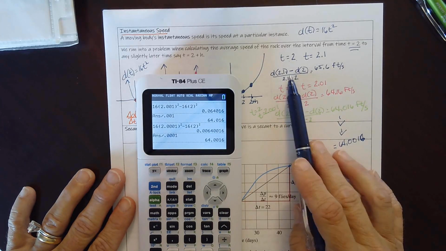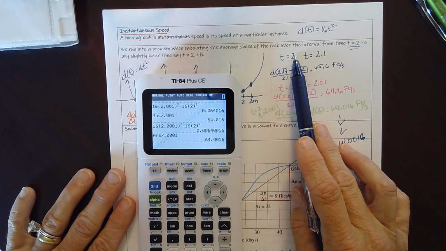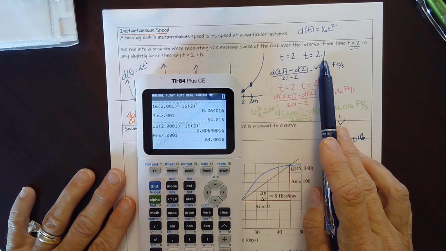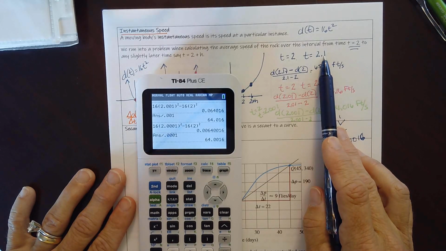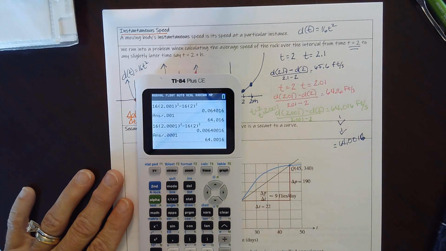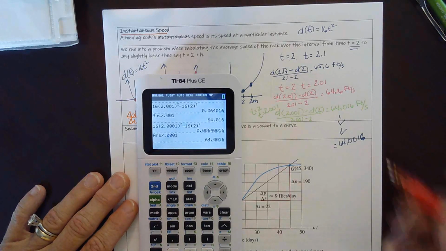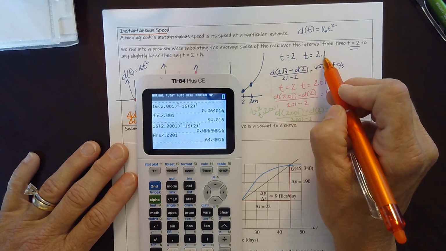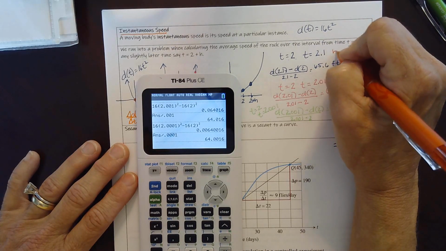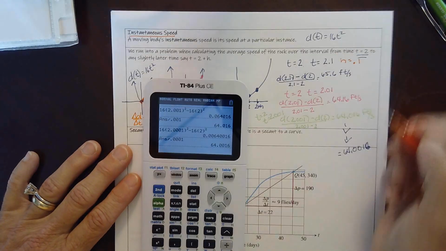So I want to talk about between 2 to 2.1. What is H? Ooh, we kind of got away from H for just a second. But what is H? So between 2 and 2.1, H equals 0.1.